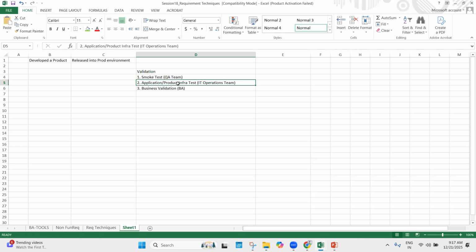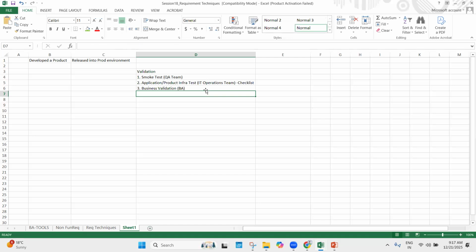Then the application or prod infrastructure test is where the operations team who moved the code into production checks at their site whether the product has been moved into the production environment based on the checks. They will have some checklist here, and check whether they have implemented all the checklist guidelines that have been defined.